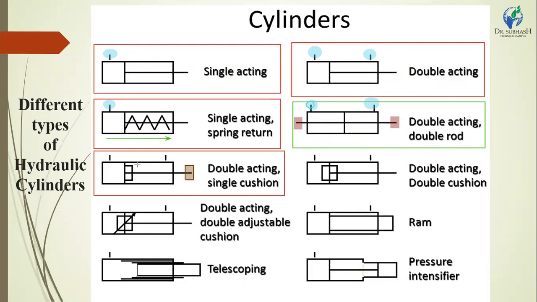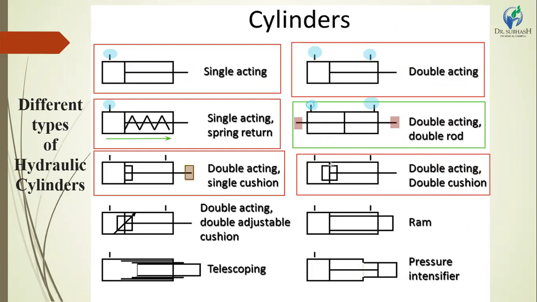Here some weight is attached to the piston, which is called cushioning, for better balancing of the cylinder. And the next is a double acting double cushioning cylinder, which means the weight parameter is attached on both sides of the cylinder and it works smoothly.